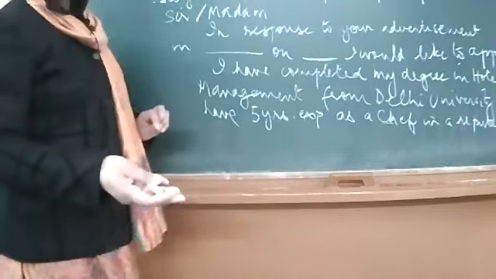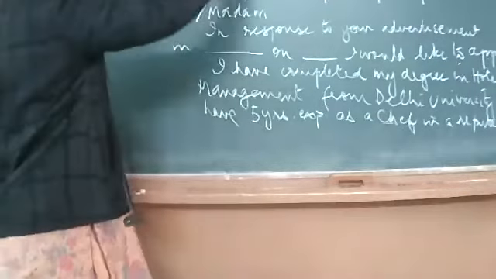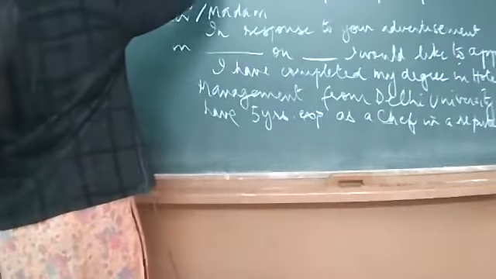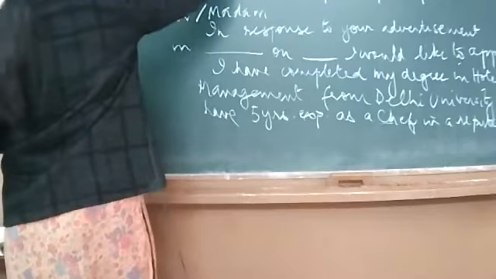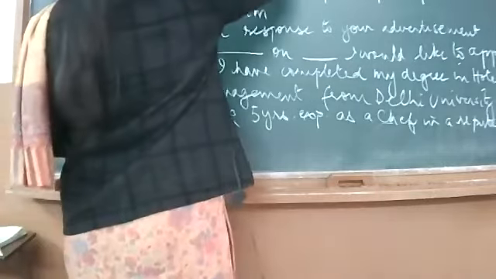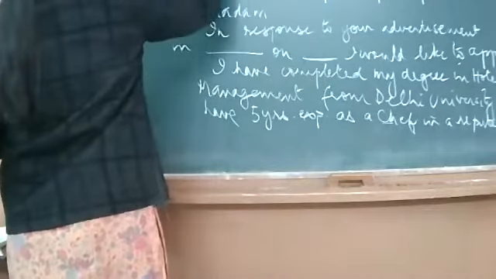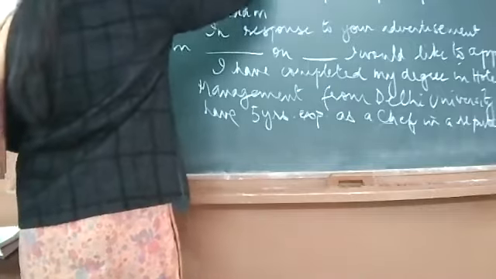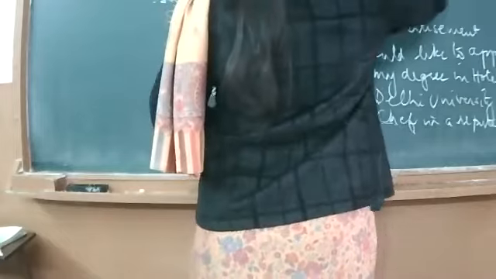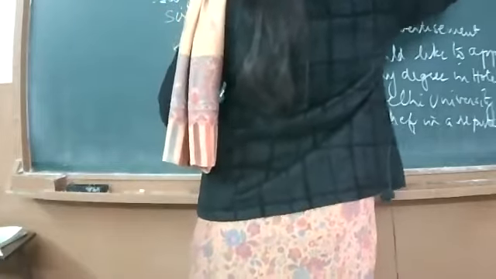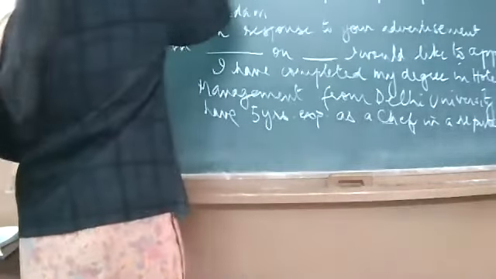So as a chef in a reputed hotel, and then what comes next is that I have enclosed my biodata, right? And hope that I will be shortlisted as a suitable candidate.